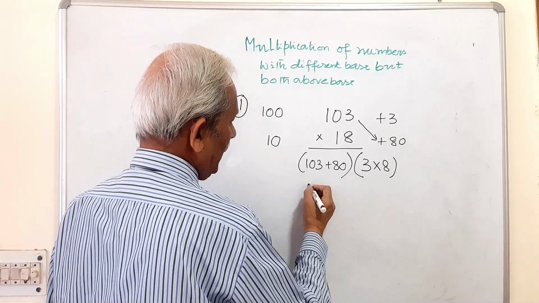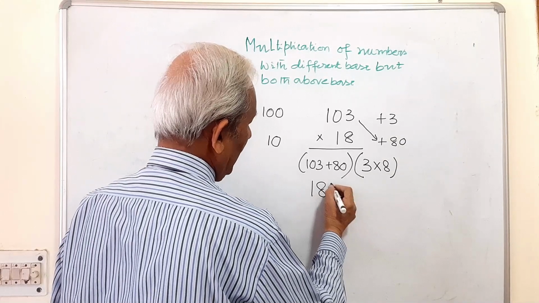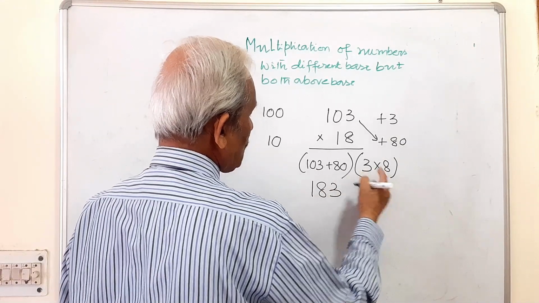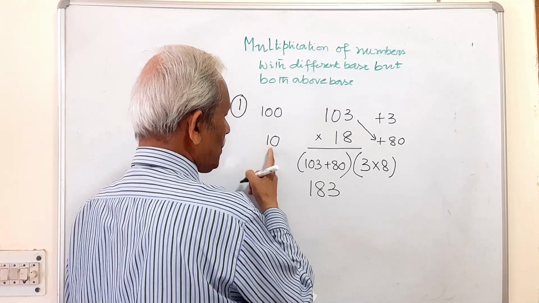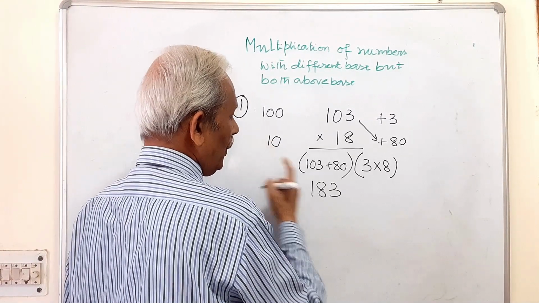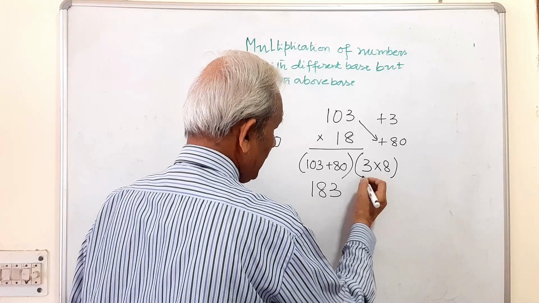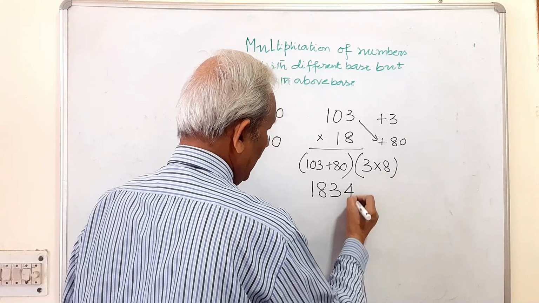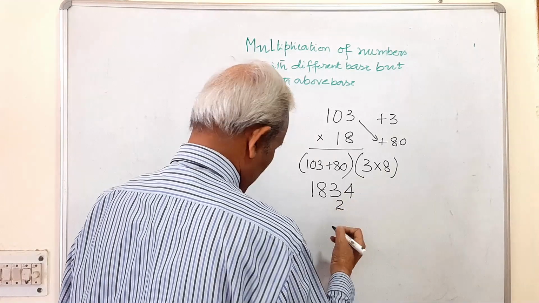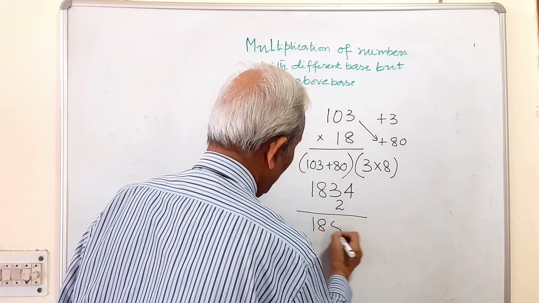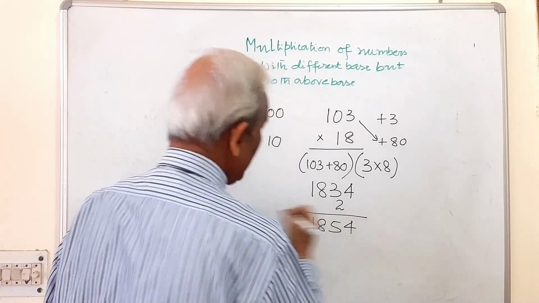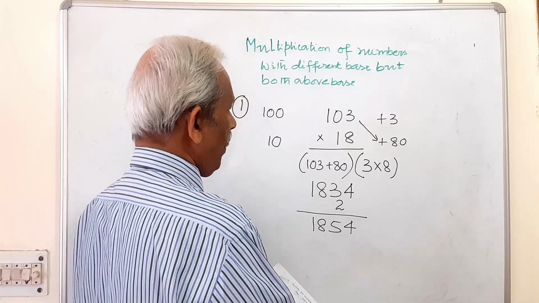It becomes 183 and 3 into 8 is 24. Here again in the base of the smaller number there is only 1 zero. So you can have only one digit here. 3 eights are 24, 4 here and 2 carried here. So it becomes 1854. I hope you understand it, right?